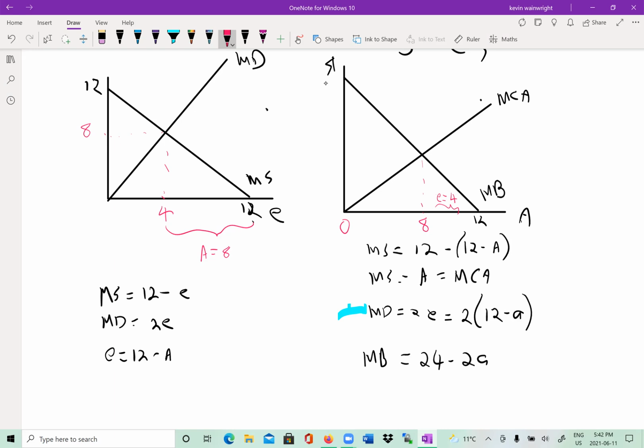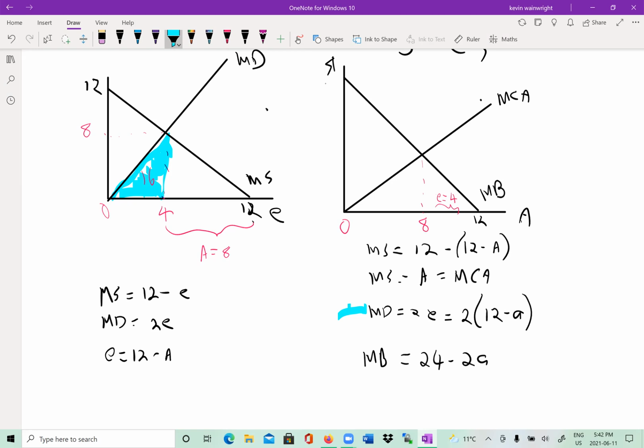Now we can look at the social cost. So total damages is this blue triangle, and it is half the base times the height. So base is 4, height is 8. 8 times 4, 32, is 16.